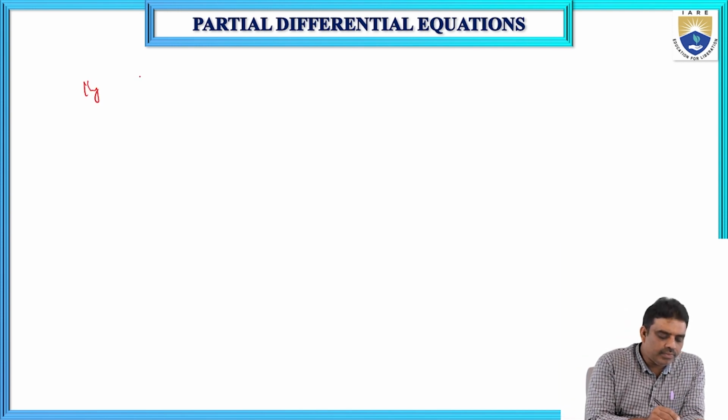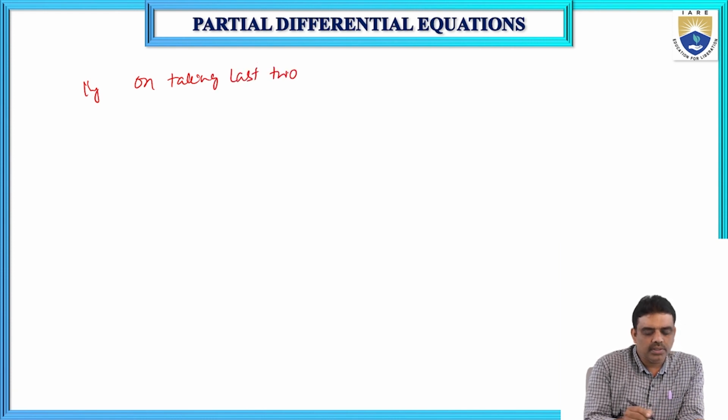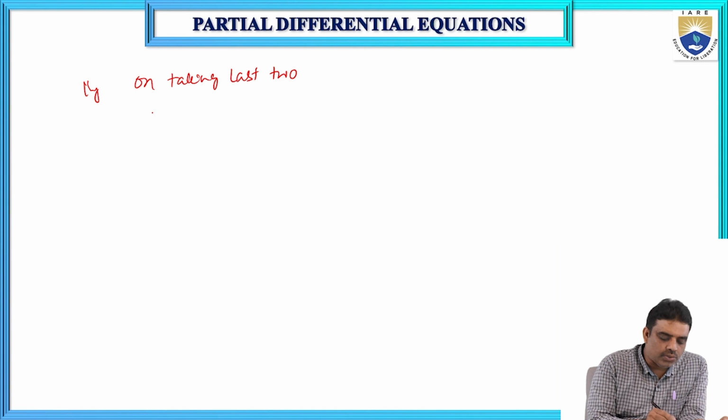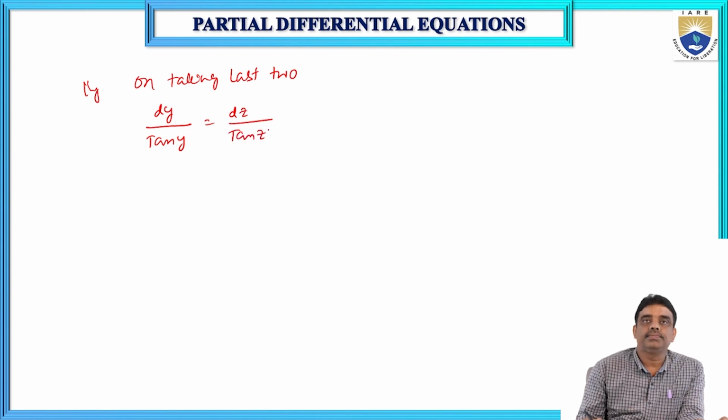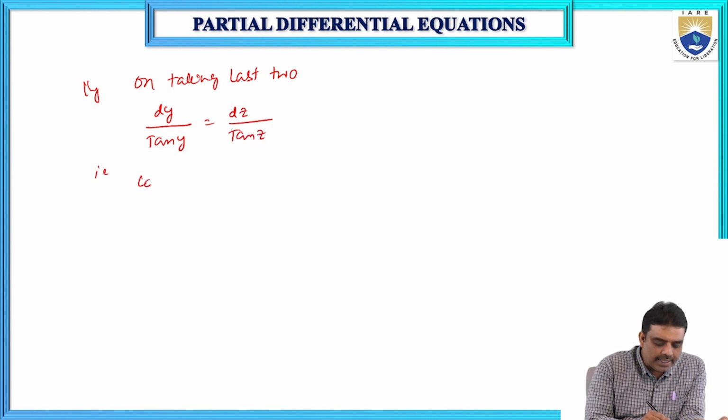Similarly, on taking the last two, what are the last two? dy by tan y is equal to dz by tan z. That is what we can write. Cot y dy is equal to cot z dz.